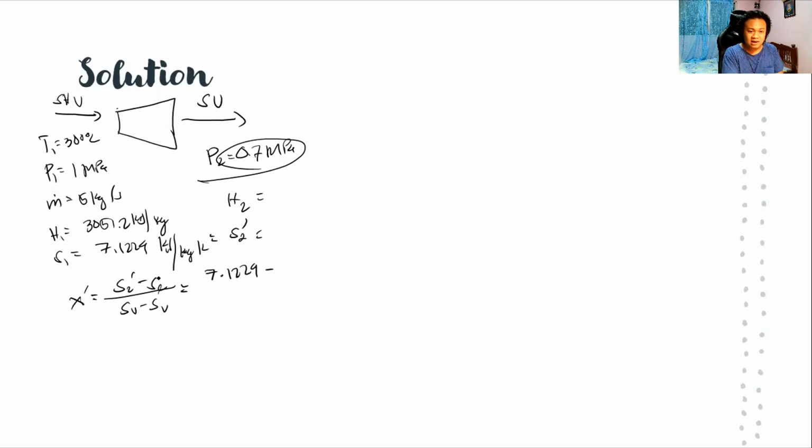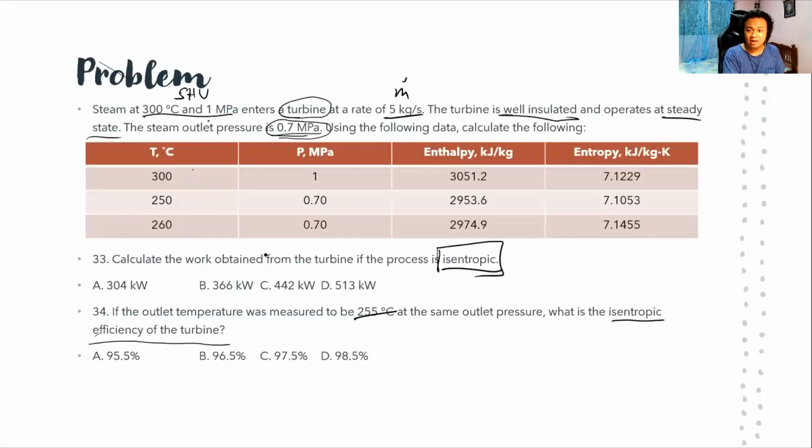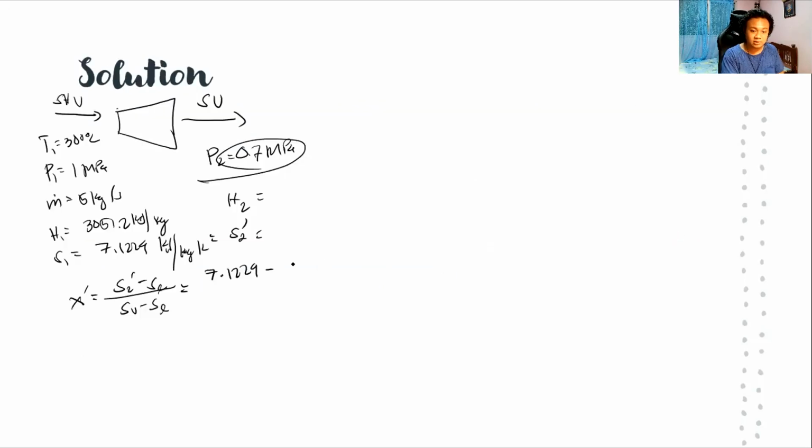And then what are SL and SV? So if we go back to our problem, what I would like to name as SL is actually this one, the lower value, and then this is the SV, the higher value. Okay? So SL is equal to 7.1053.